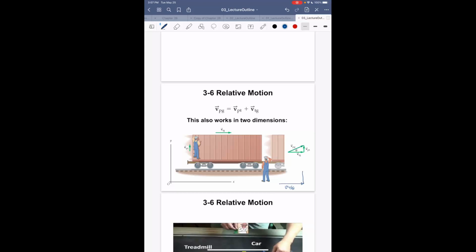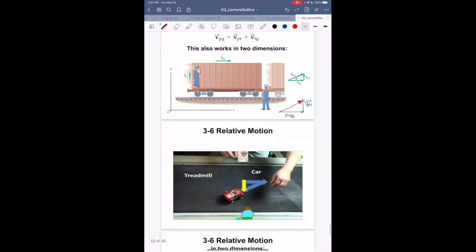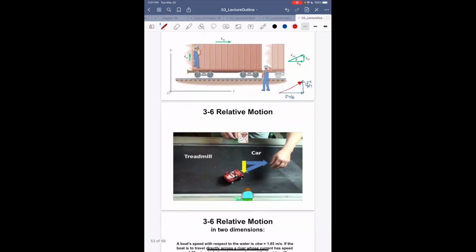And this is the velocity of the passenger with respect to the train. And then the velocity of the passenger with respect to the ground is going to be this one. If somebody is watching, that person on the ground is going to see that worker moving in two dimensions like this.